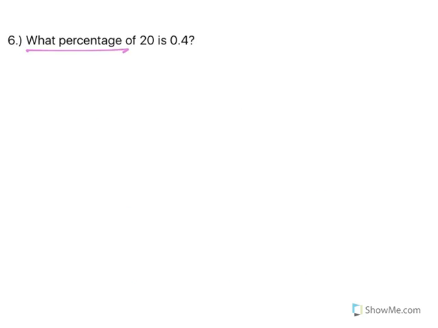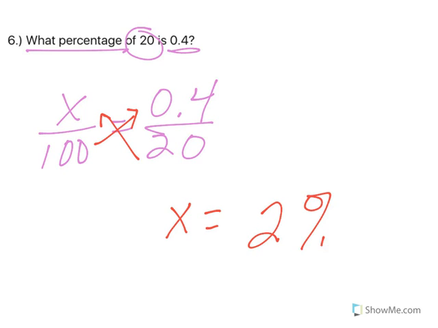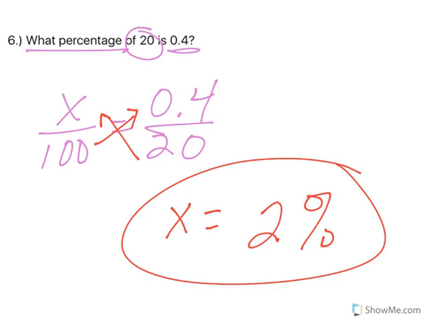Number 6, what percent? Well, I don't know. Of 20, that tells me the total, is 0.4. Cross multiply, and x gives me 2%. When I solve that, I get 2, and because we're dealing with proportions, you just keep it exactly as is.